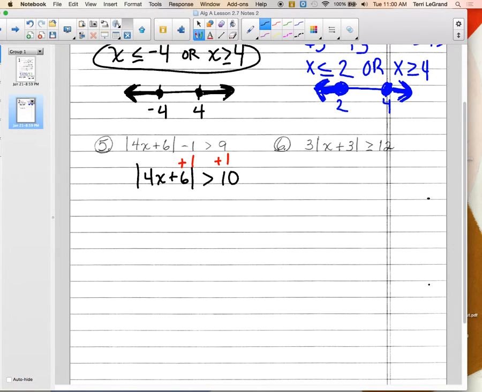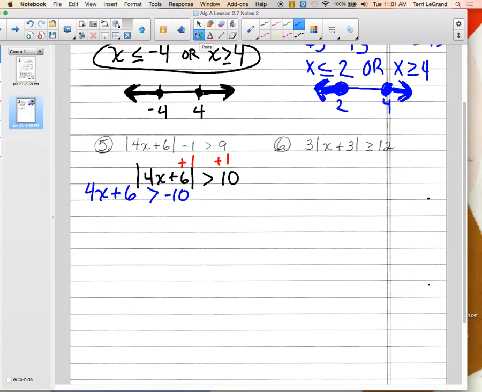Okay, now are we ready to write our compound inequality? Okay, Noah, what would the compound inequality be for this one? 4x plus 6 is greater than negative 10. Other way, that is greater than, that's what you told me to do.